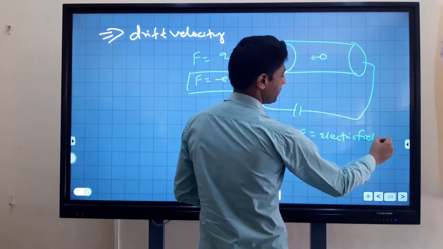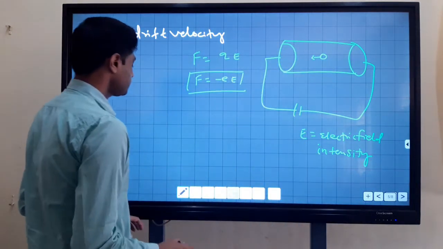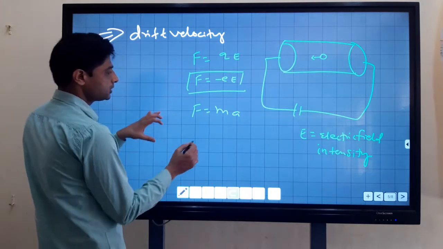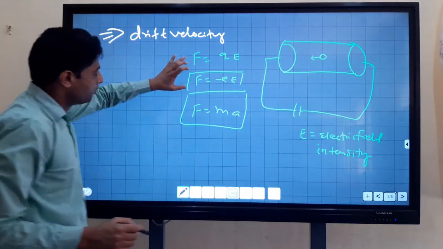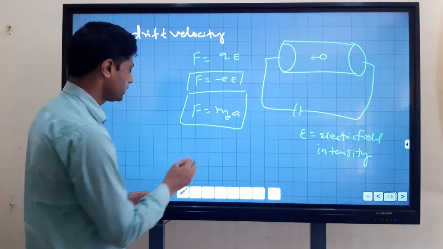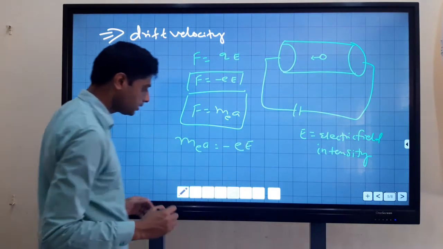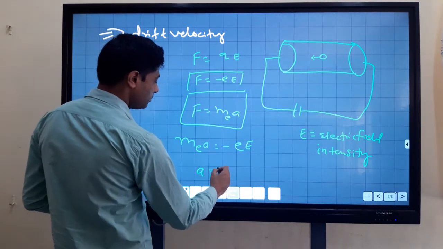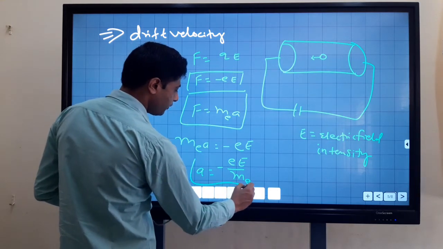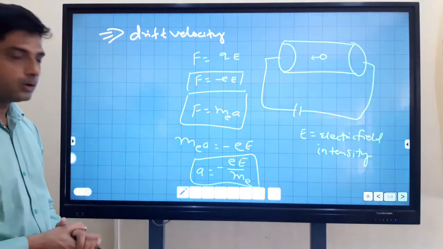But as you know, F equals ma, so both quantities are equal, where m is the mass of the electron. So ma equals minus eE, so a equals minus eE upon m. That is the value of the acceleration acting on a free electron.